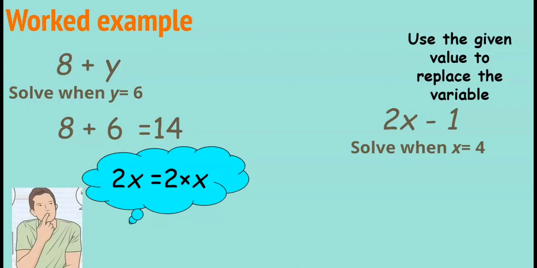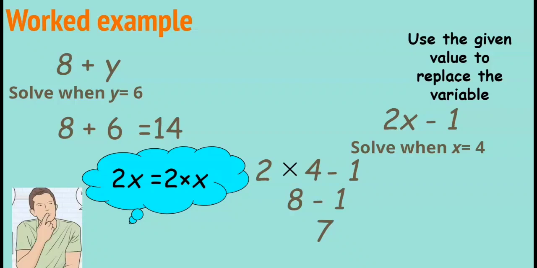So if we're going to replace x with 4, we're going to end up with 2 times 4 minus 1. And this we can simplify: 2 times 4, which is 8, minus 1, which gives us a final answer of 7.